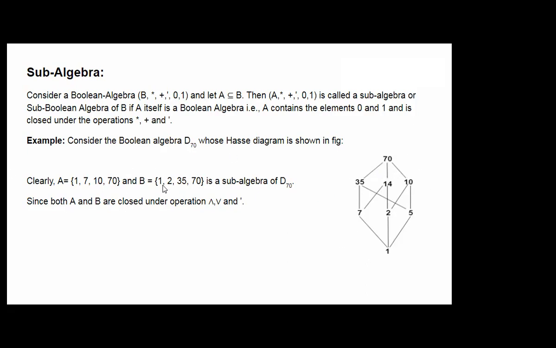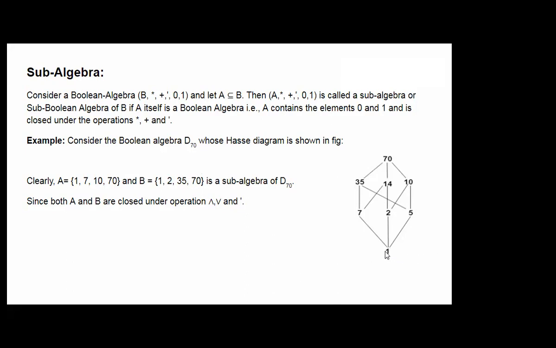We can take any combinations in between. We just have to keep 1 and 70 constant, meaning 1 is the lower bound and 70 is the upper bound. Between these two elements we can change, and we can take multiple elements also, not only 2.